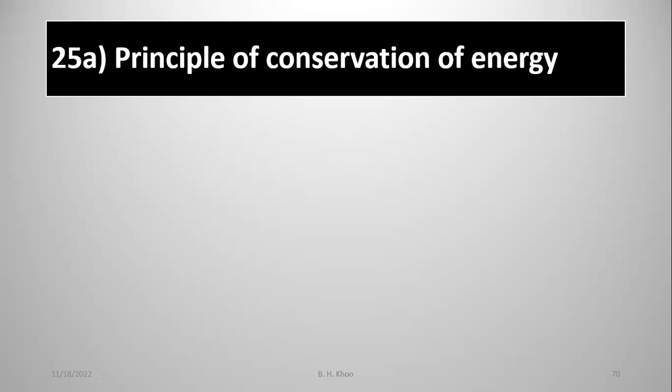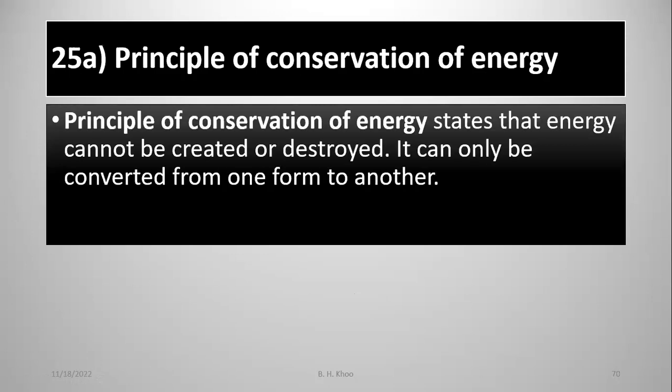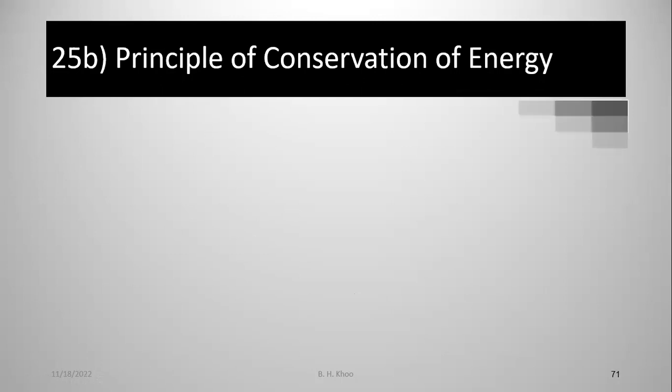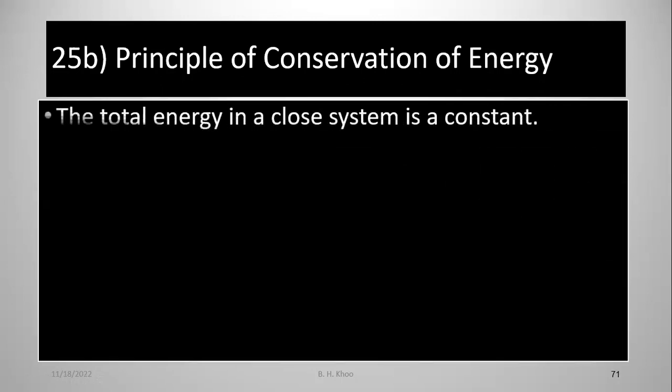So the principle is summarized. The principle of conservation of energy states that energy cannot be created or destroyed. It can only be converted from one form to another. Total energy in a closed system is constant. I can write a formula form.